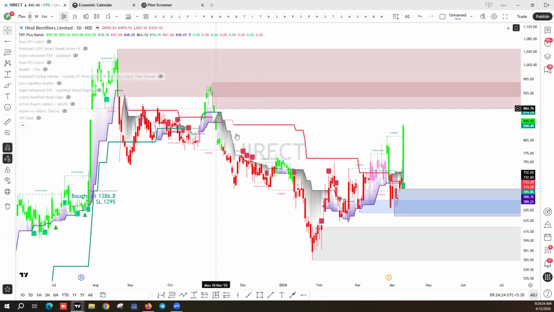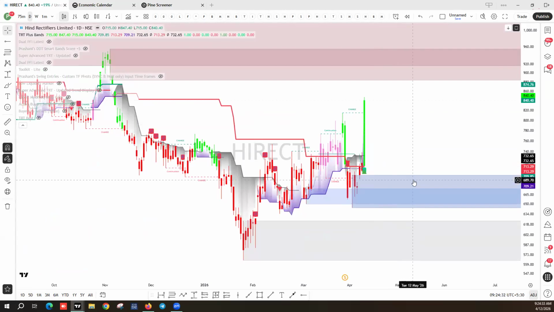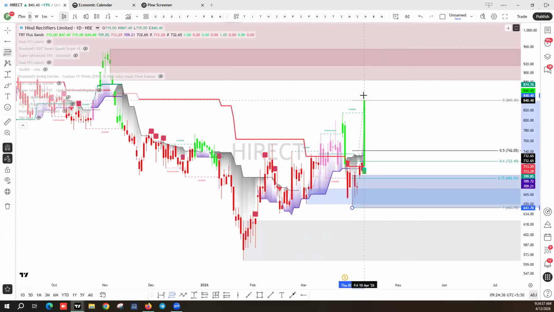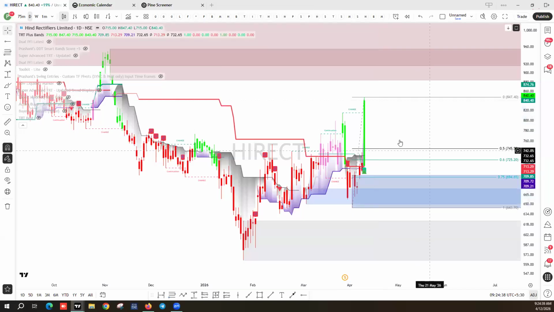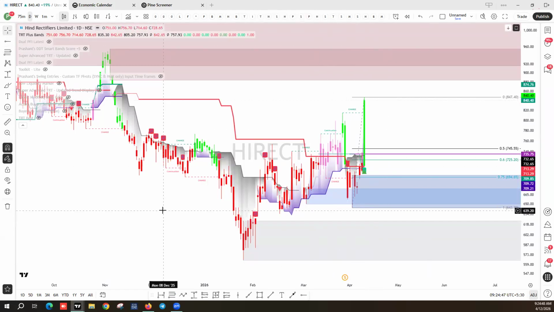Hind Rectifiers, you can notice it has turned green, gave a retracement entry in this. Again, it has turned green. So will it give a retracement or not? It's up to that stock. But if at all I want to buy, I want a retracement. I will keep it above 60%, below 50%. Place an alert.